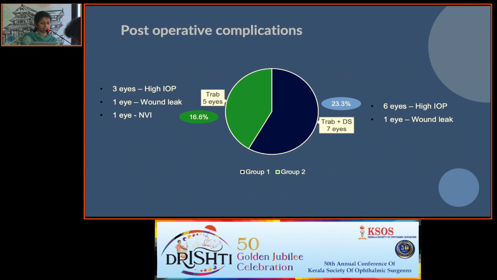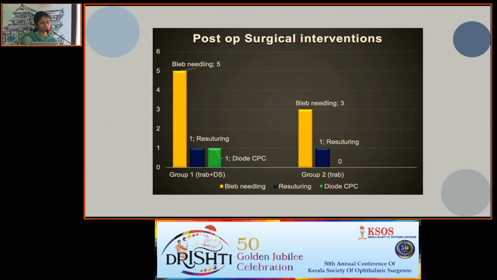Among those, 6 eyes developed high IOP and 1 eye developed wound leak. In group 2, 5 eyes among the 30 developed postoperative complications, which included 3 eyes with high IOP, 1 eye with wound leak, and 1 eye that developed NVI.